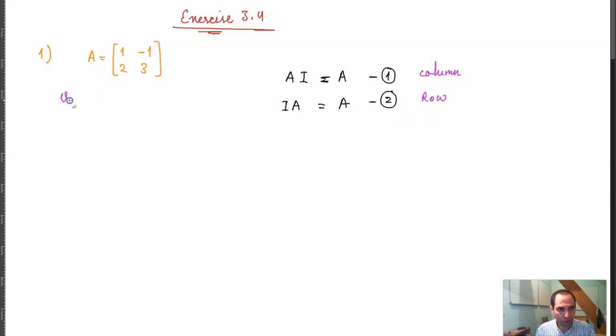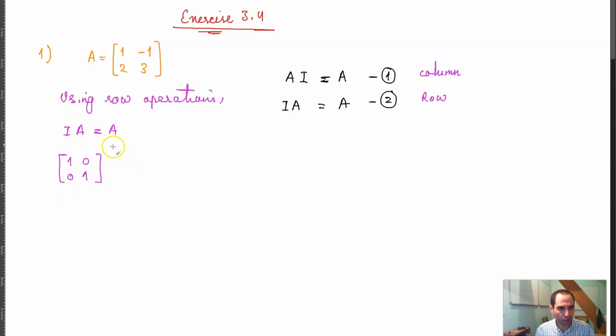So using row operations, I will use this equation down here, which is IA is equal to A. And so I would be a matrix of order 2, which is 1, 0, 0, 1, right?